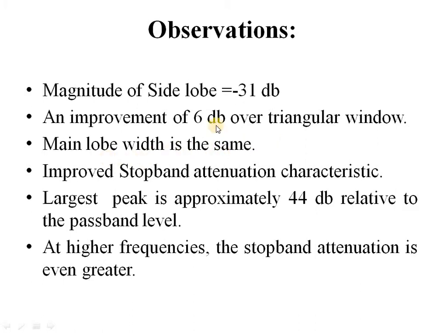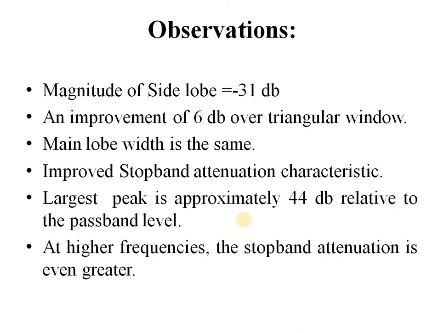The main lobe width is the same for the triangular window and the Hanning window. When we compare the magnitude response and log magnitude response of an FIR low pass filter designed with the Hanning window, there was improved stop band attenuation, the largest peak is approximately minus 44 dB relative to the pass band level, and at higher frequencies the stop band attenuation is even greater.